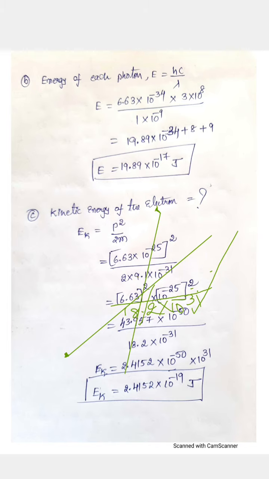Calculate that, you will get nearly 2.4152 into 10 to the power minus 50 into 10 to the power 31. If you add these two powers, you will get 10 to the power minus 19. Up to here, we calculated the kinetic energy of the electron, that is 2.4152 into 10 to the power minus 19 joule. In this numerical, we have calculated the momentum of the electron, momentum of the photon, next energy of the photon, next kinetic energy of the electron.